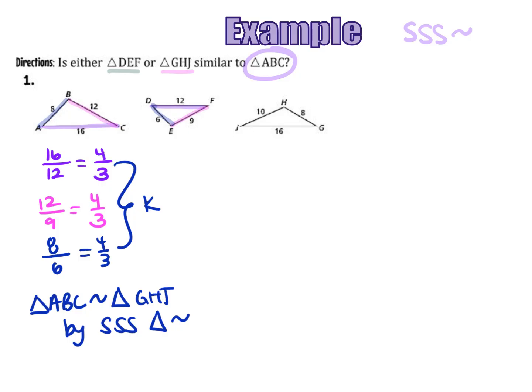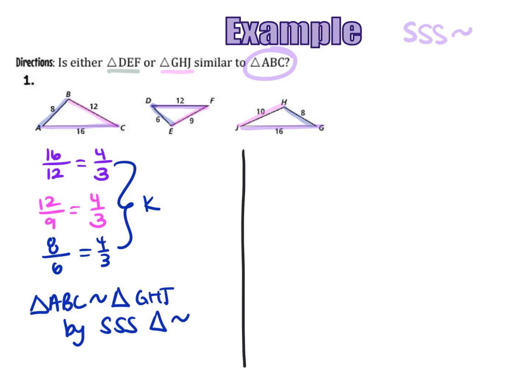Now we're going to go ahead and check what's going on with the other 2 triangles. I want you to do the same thing. I want you to set up a ratio with the largest sides, with the middle sides, and with the smallest sides, and see if that ratio is the same, meaning the sides are proportional for all 3 sets of sides.